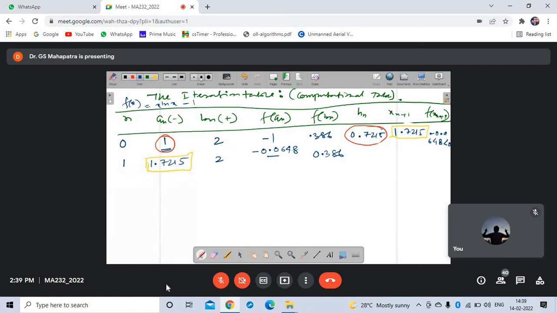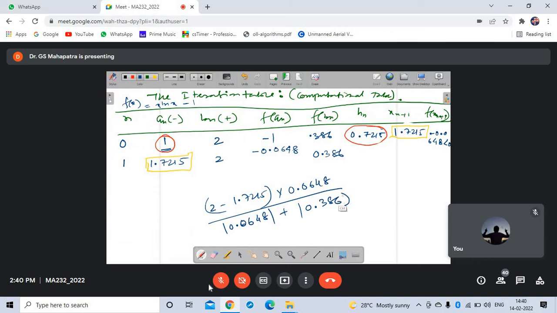Now Hn, what is the Hn? Hn actually now, the formula is 2 minus 1.7215 into modulus, into 0.0648 divided by 0.0648 plus mod of 0.386. This is the Hn.